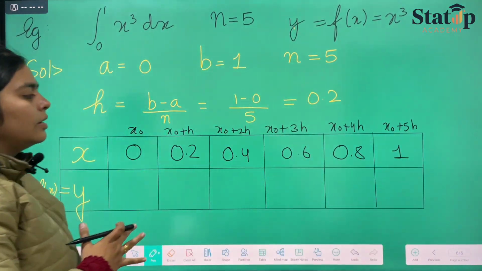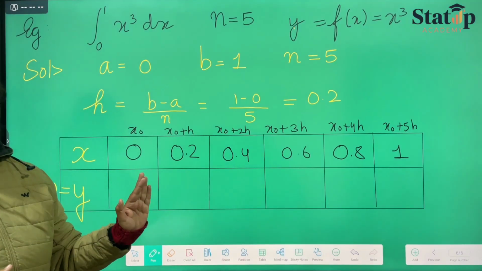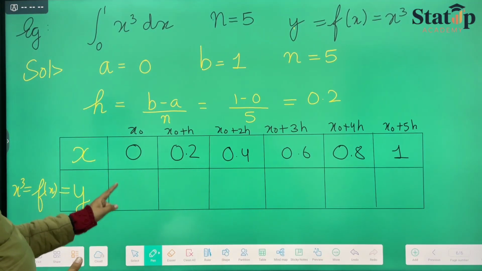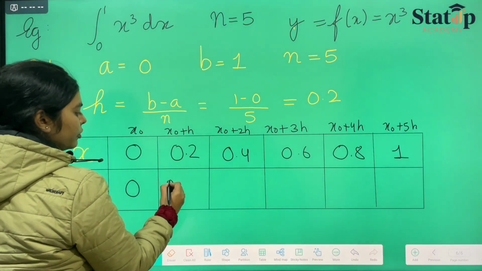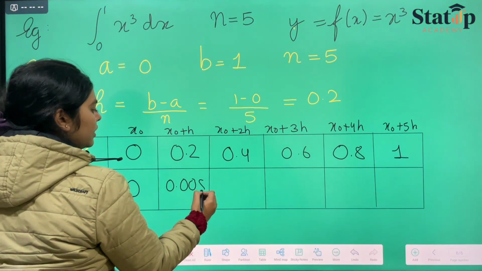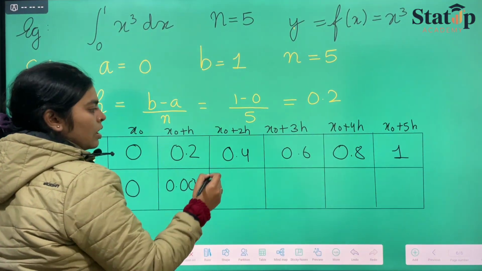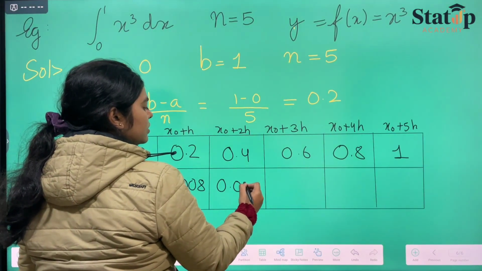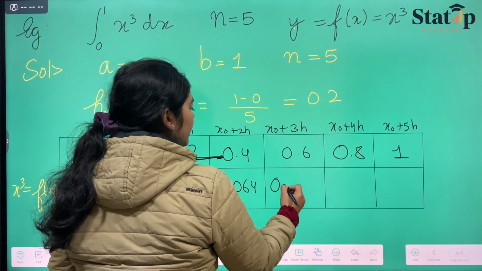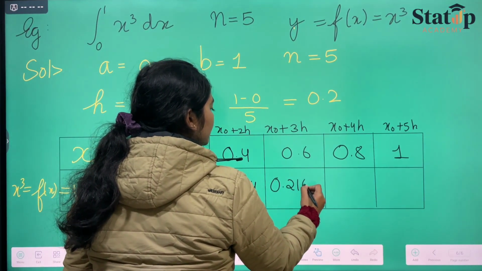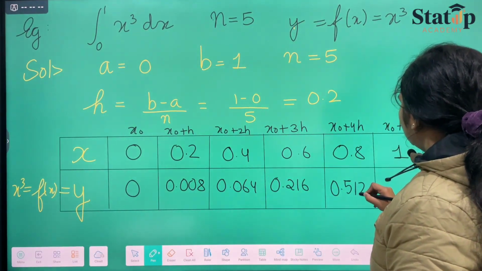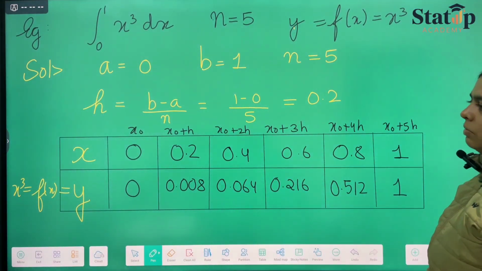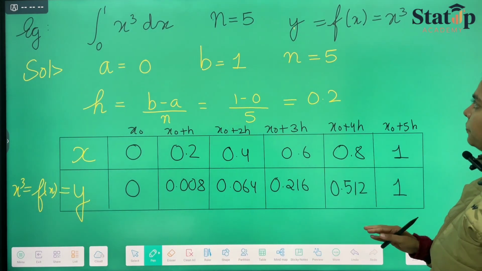We have taken it from the very basic till the very end, and now 0 cube will be 0, 0.2 cube will be 0.008, 0.064, 0.216, 0.512, and cube of 1 will be 1. So this is our table.